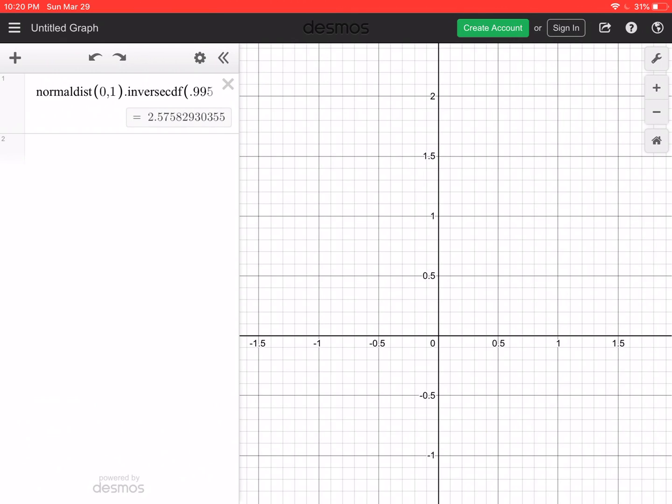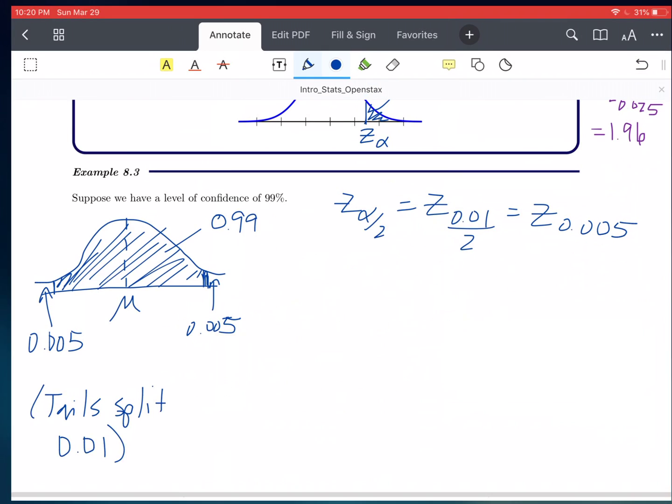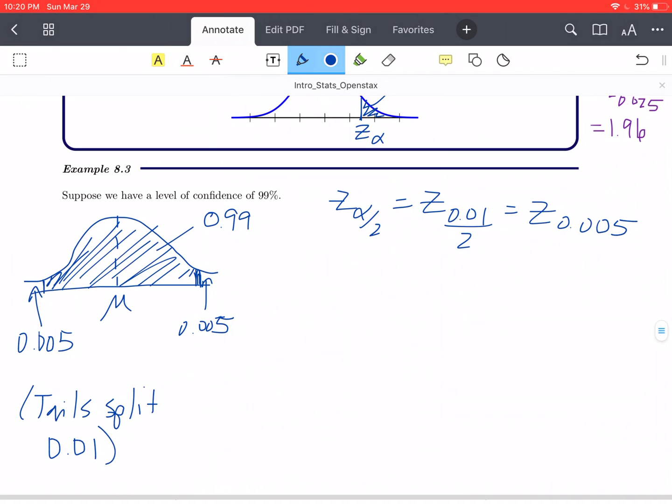So that's going to correspond to a z-score of about 2.58. So this is going to give us about 2.58. And these z-scores that we're working with, the 1.96, 2.58, these are all common z-scores that you'll see and you'll encounter when we do confidence intervals, at least with the z-scores.